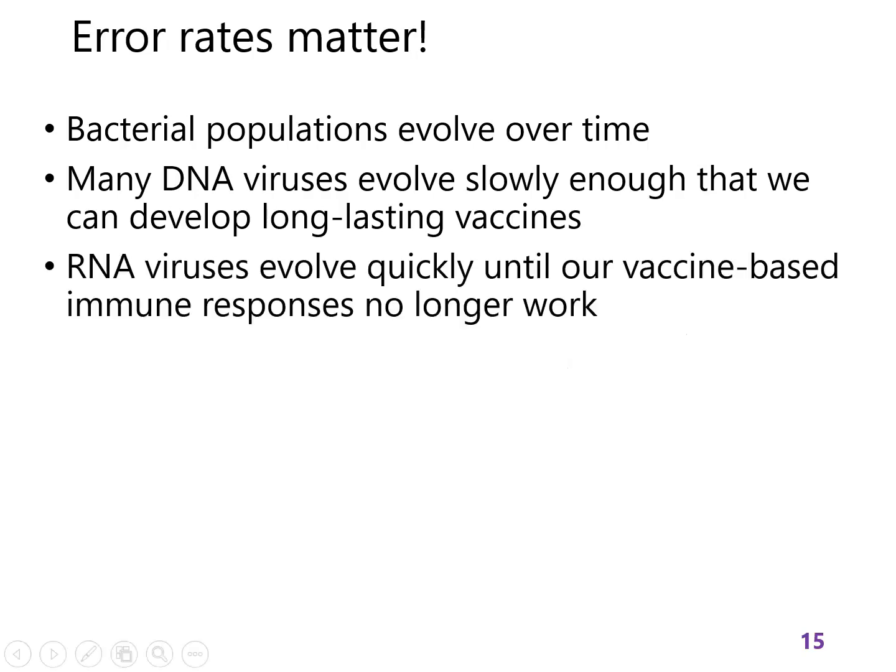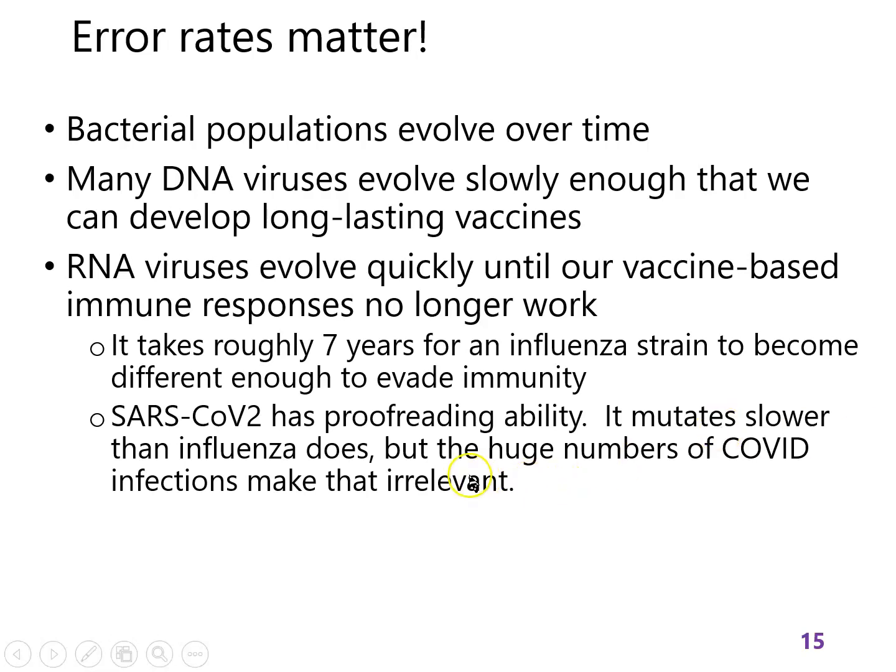Well, there are huge numbers of people with COVID infections. As I'm making this video, there have been 100 million people around the world who've been infected with SARS-CoV-2. That is an astronomically huge number of virus particles that have been made. And every time a virus particle gets made, there's a chance that it could be a mutant.